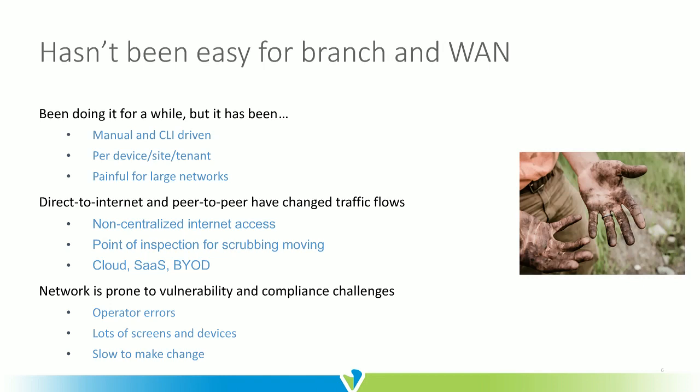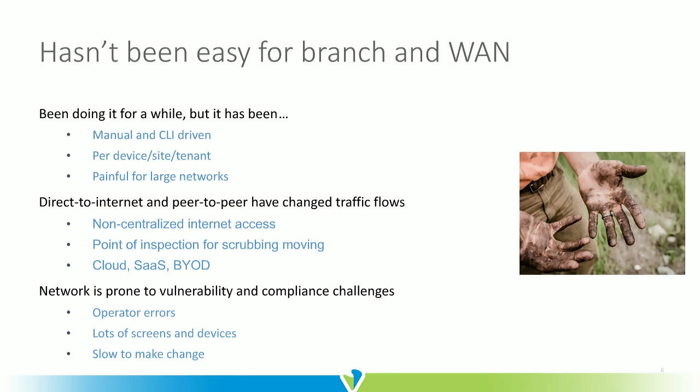And then on top of that, dealing with security appliances. And then, of course, that is done on a per device, per site, per tenant basis, depending on how your solution is architected, and it can be incredibly painful if you have a very, very large network. And then as we've looked at what's coming around now, and actually has been for many years as well, we're now looking at more direct to internet as more peer-to-peer, and this has been changing traffic flows.